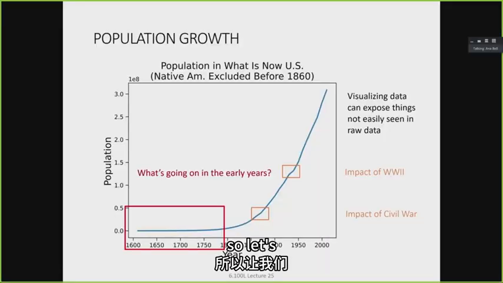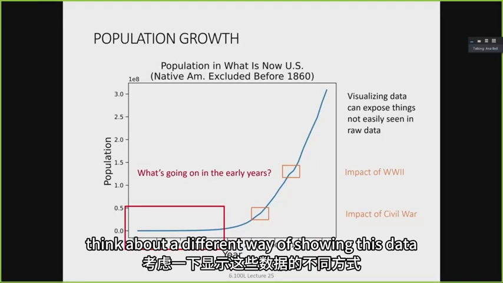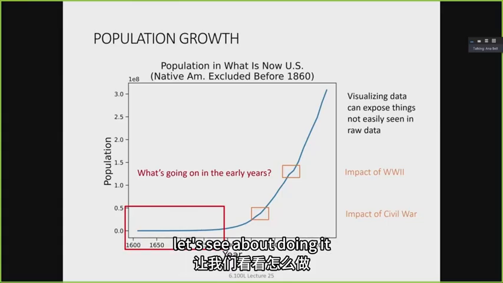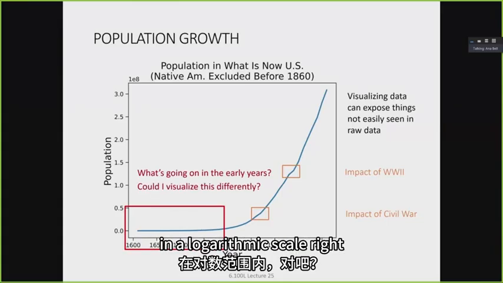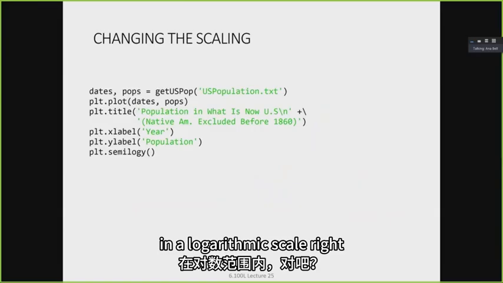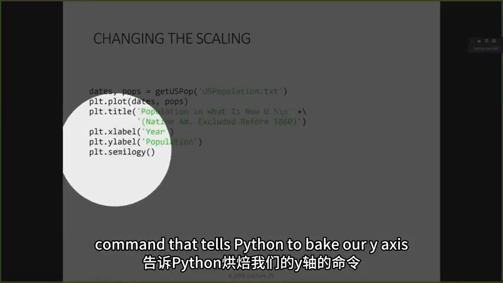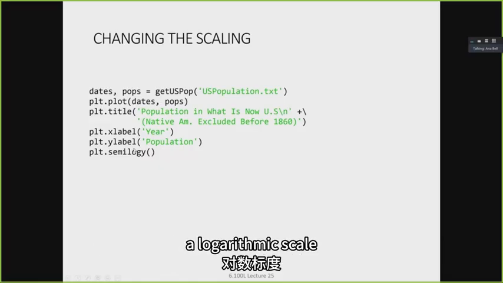So let's think about a different way of showing this data. Instead of having a linear scale on our y-axis, let's see about doing it in a logarithmic scale. So we're going to add a command that tells Python to make our y-axis a logarithmic scale instead of linear.